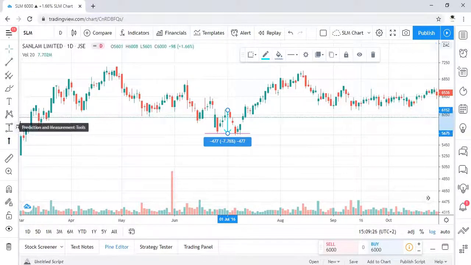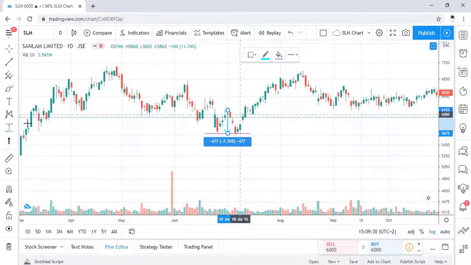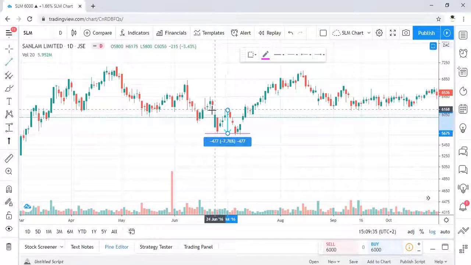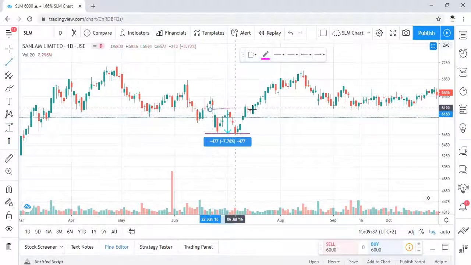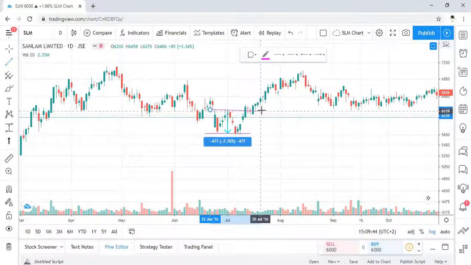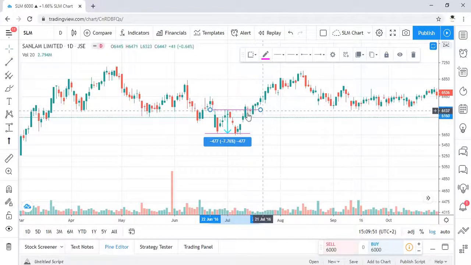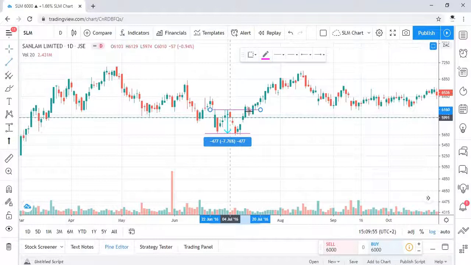So now we're going to do the same going upwards. So for a start, maybe let's put a line at this point here. So we are saying this is the breaking point where we're expecting the price to move upwards.